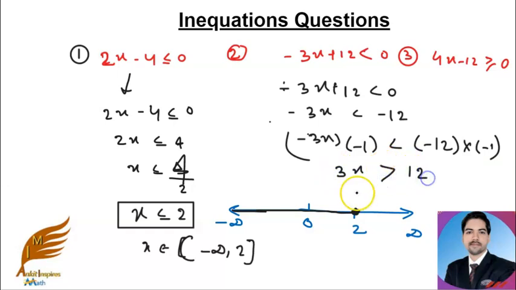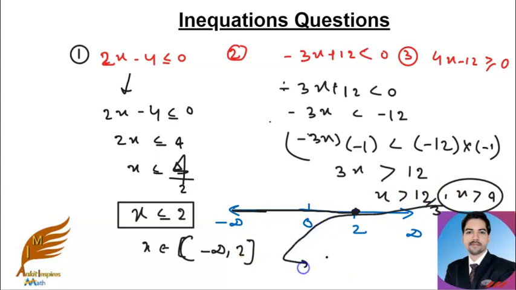Greater than. Now x is greater than 12 upon 3, finally x greater than 4. Clear? So if I want to write in the solution set, x belongs to 4 comma infinity. I hope this is clear to everyone.